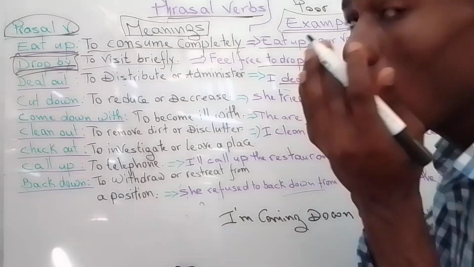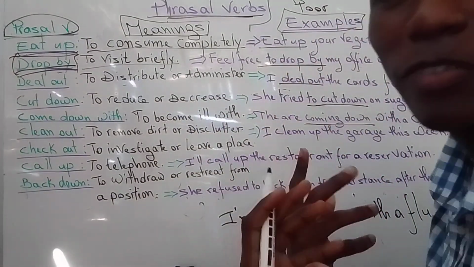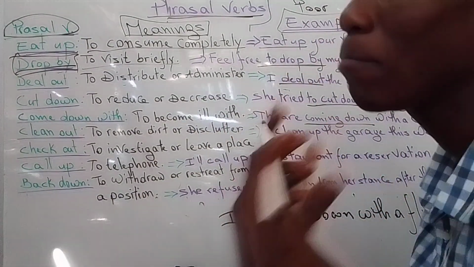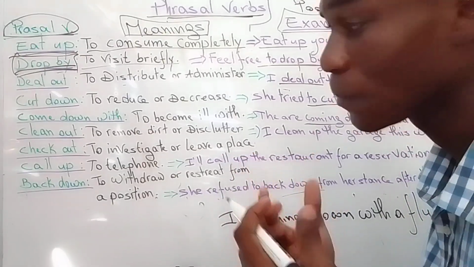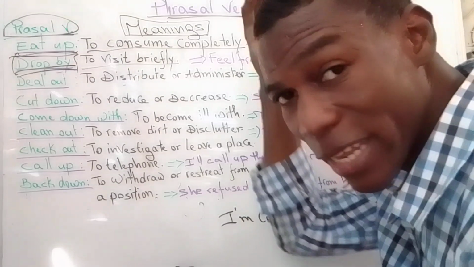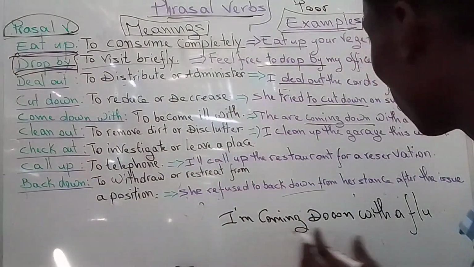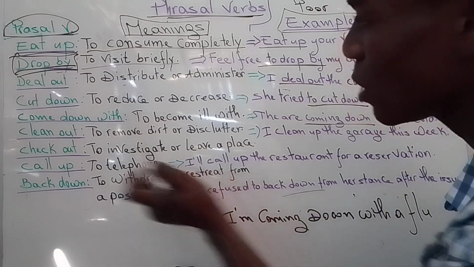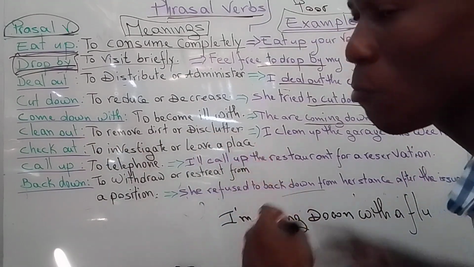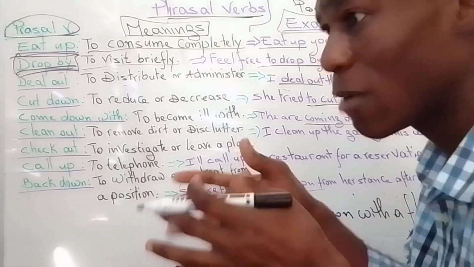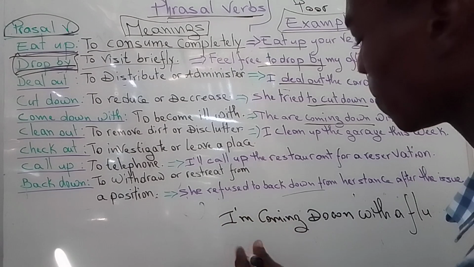That means I become sick with a flu. I'm coming down with a headache. I'm coming down with a flu. That's what it means. Come down with means to become ill with or become sick with something.